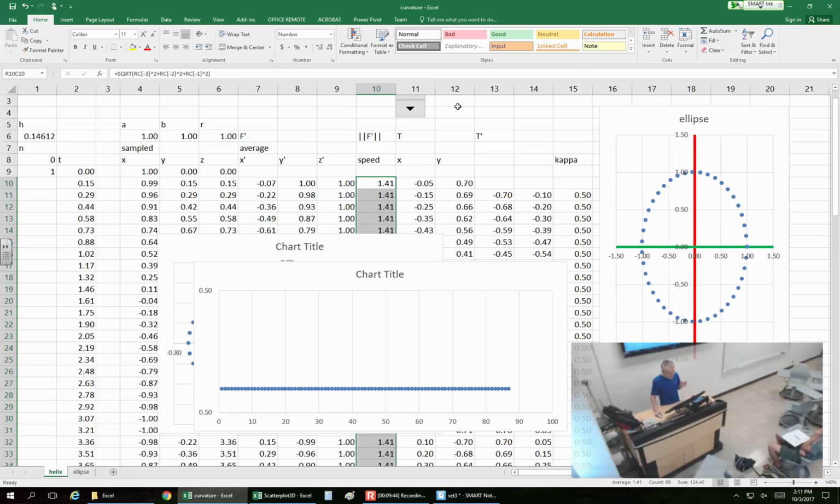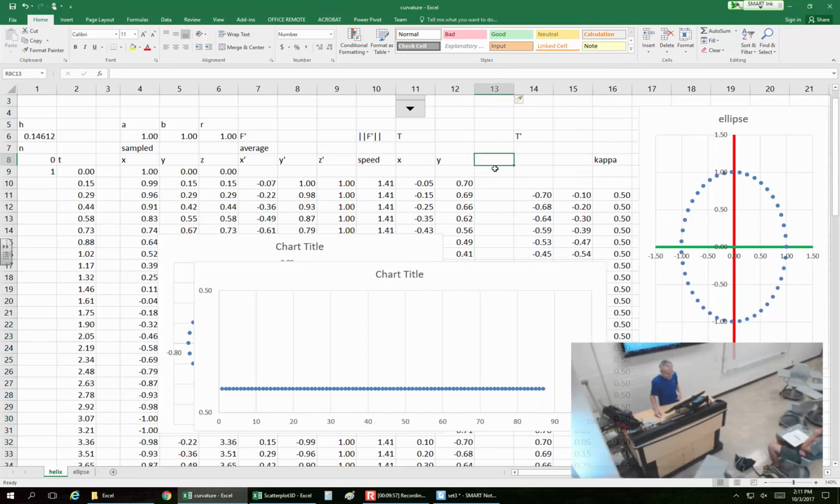Okay, so now we need the unit tangent vector T. We're doing the same thing. I am once again inserting another column. This is going to be Z. Then I just spread it out to the right because the formula is the same. As you can see, look at it. Why is it negative? Because it's divided by the wrong one.